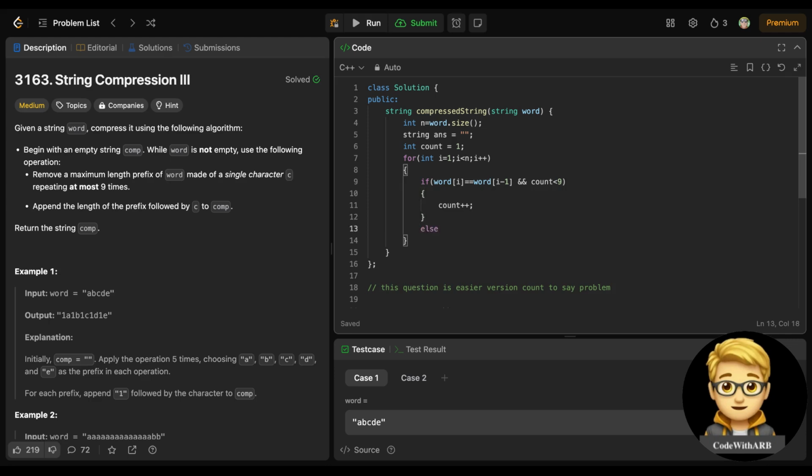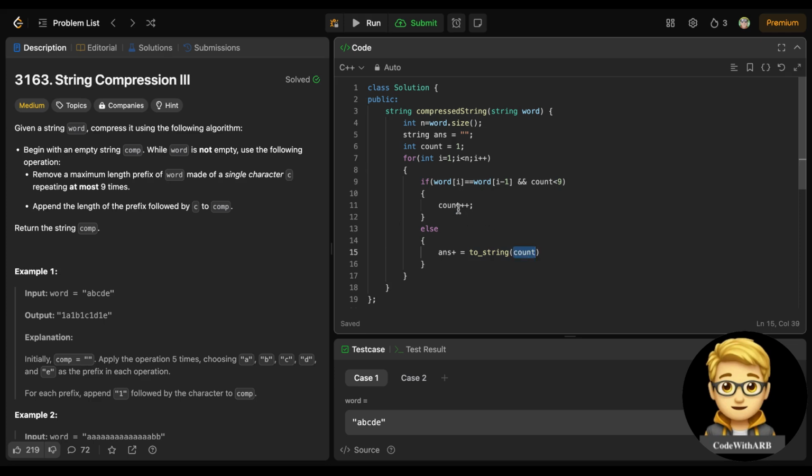Otherwise, I will just store in my answer. What I will store is to string of this count value, because this count is an integer, I need to convert it to a string.